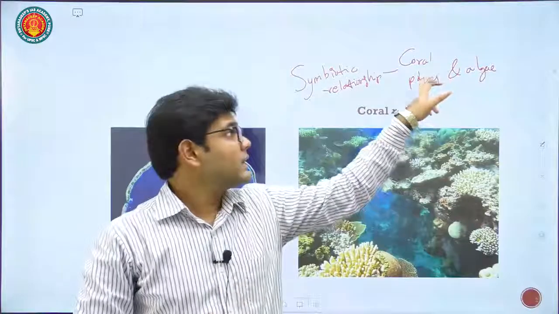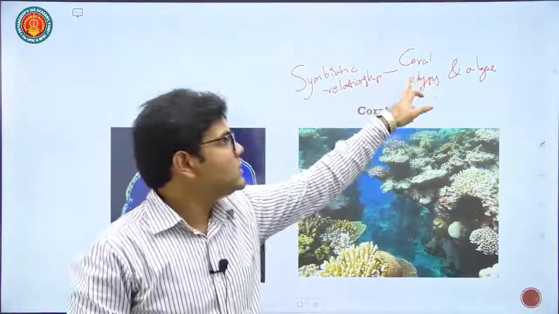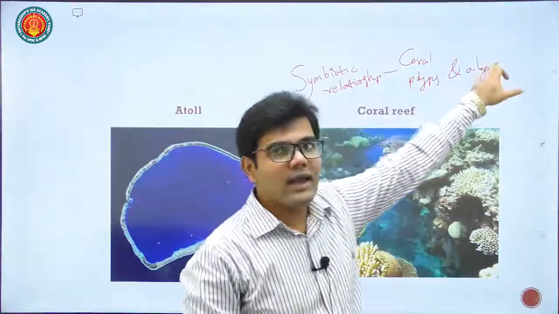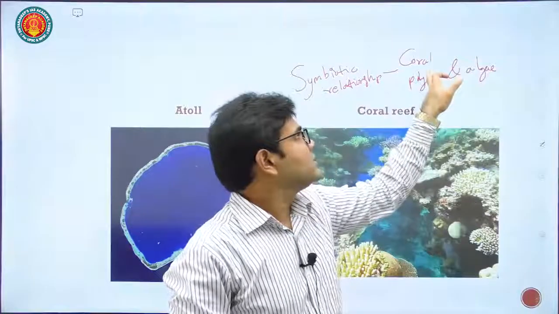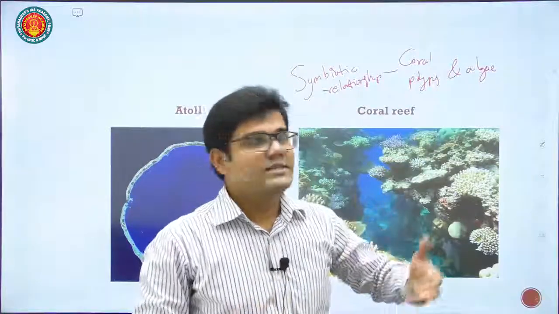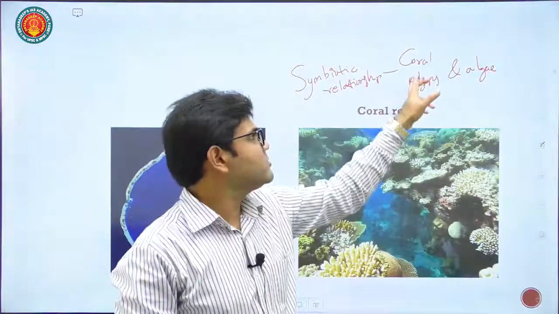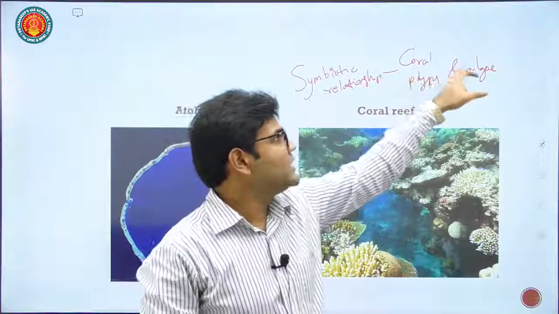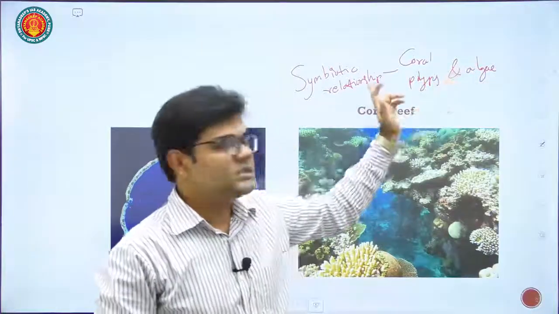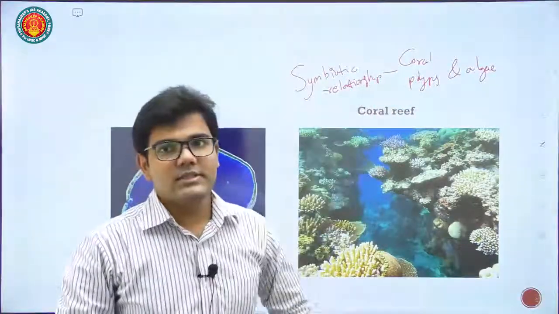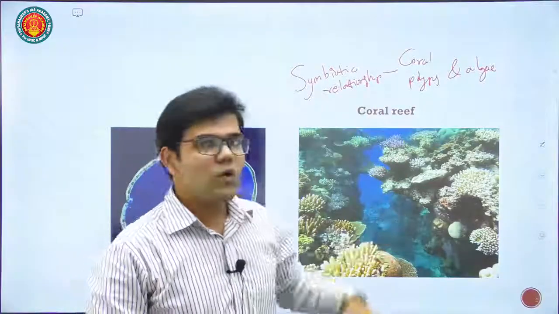They are not able to produce their own food, so the food is provided by algae, and in return, these coral polyps secrete an enzyme and make the calcium carbonate kind of shell, and they give shelter to algae. This kind of relationship is called the symbiotic relationship, and that is present in the coral reef structure.